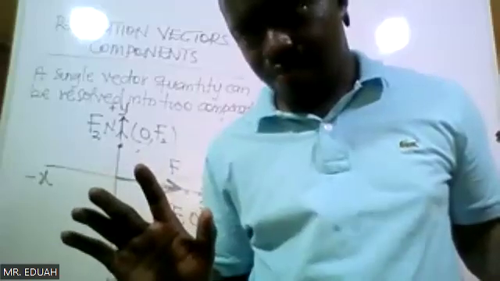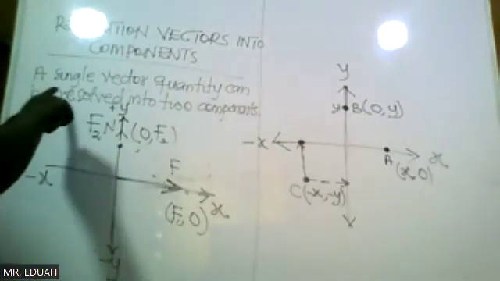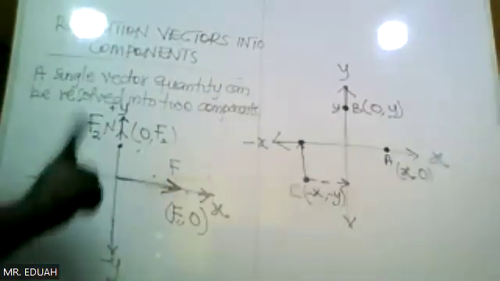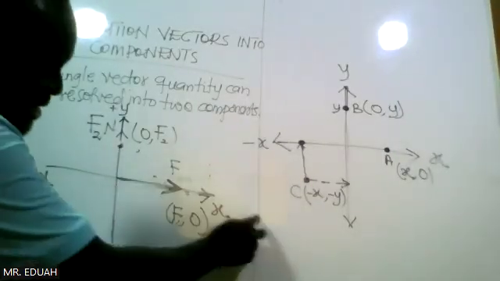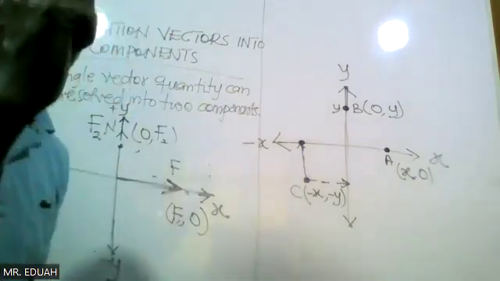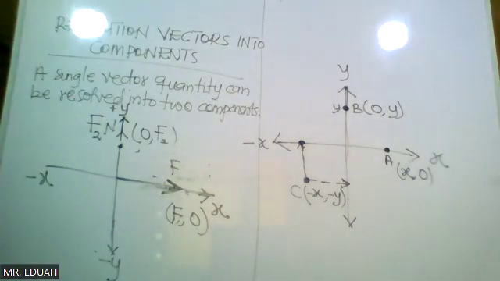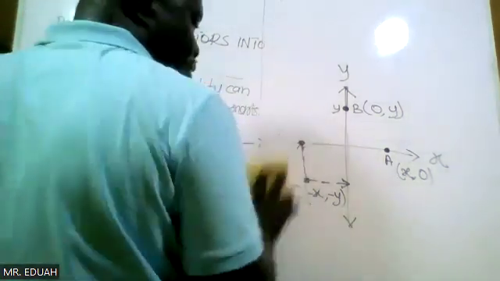Please, are you okay? Good. So, a single vector quantity can be resolved into 2 components. But if the vector quantity lies along the x-axis or the y-axis, it will only have one component. Now, if it lies on the y-axis, then it means that it has an angle of 0 degrees to the y-axis.